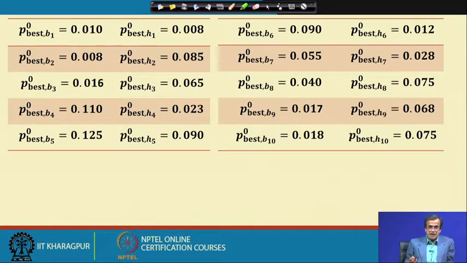Before that, we assign the best present value for each of these variables. For example, the values we assigned at random, we initially assume to be the best solution, the best values corresponding to each of the design variables.